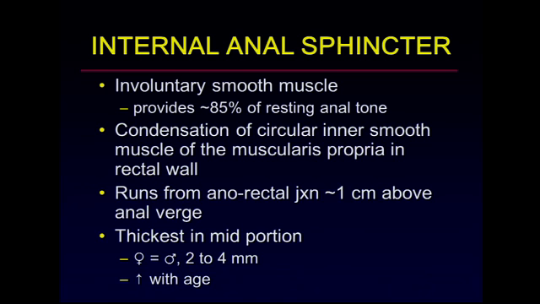And it runs from the anal-rectal junction to approximately 1 centimeter above the anal verge. It tends to be thickest in the mid-portion. It's usually similar in thickness in men as in women, and it averages about 2 to 4 millimeters in maximal dimension, and the thickness of the internal anal sphincter tends to increase with age.